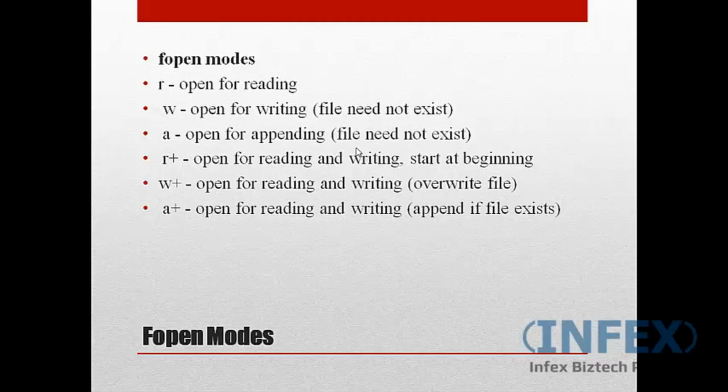If we give r to the mode parameter, it is called open for reading. w means open for writing, the file need not exist, means there is no need for the file to exist. a means open for appending. r+ means open for reading and writing, start at beginning. w+ means open for reading and writing, overwrite files. a+ means open for reading and writing, append if file exists. So these are the various modes in which we can open the file.